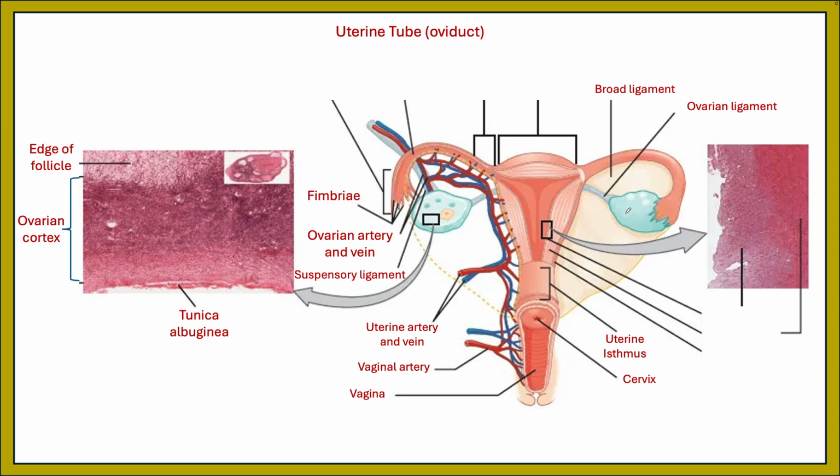The fimbriae are going to be picking up the oocyte that is being released. On the side closest to the ovary, you have the infundibulum. So the oviduct starts with the infundibulum, continues to the ampulla, and ultimately is going to reach the isthmus before it enters into the uterus.